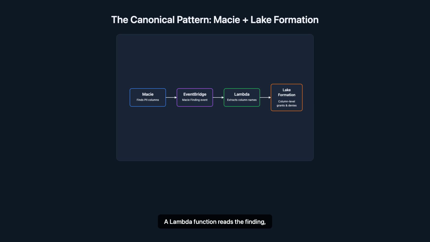A Lambda function reads the finding, pulls out the column names, and writes Lake Formation column-level grants and denies. From that moment forward, every query through Athena, Redshift Spectrum, or EMR enforces those grants at runtime. Unauthorized principals literally don't see the PII columns.